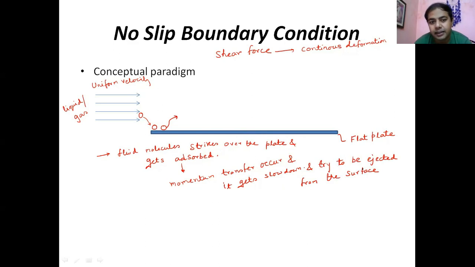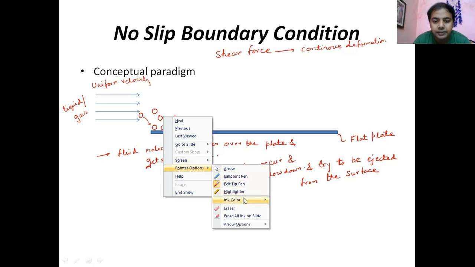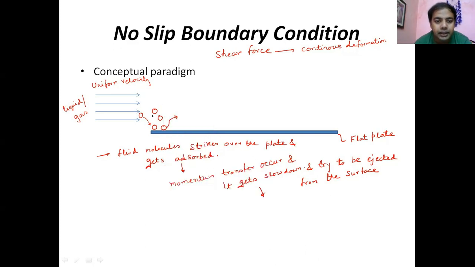In the meantime, many other molecules will come, and whenever a molecule is going out, it creates some collision. Collision will take place because other molecules are coming while it is going out.